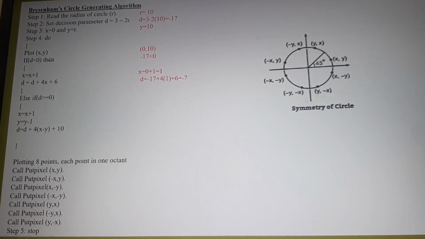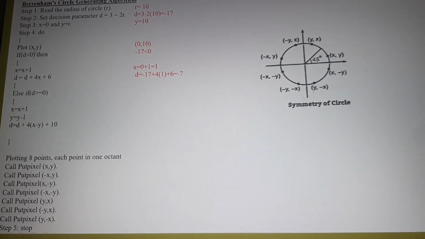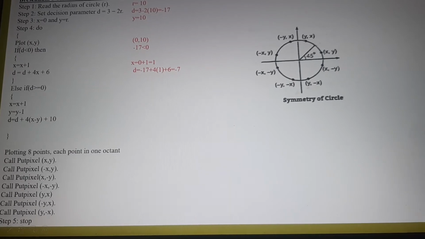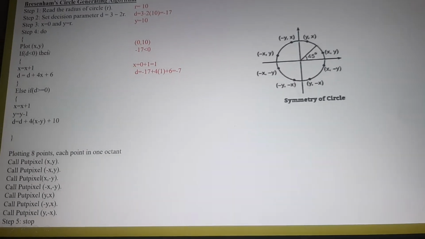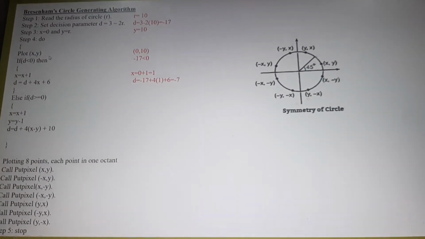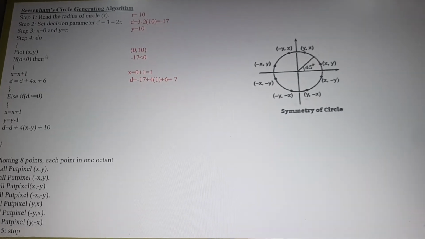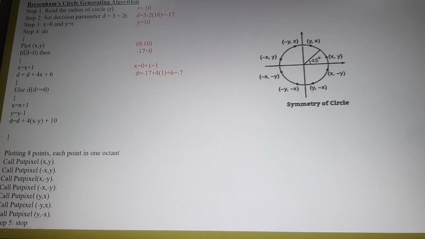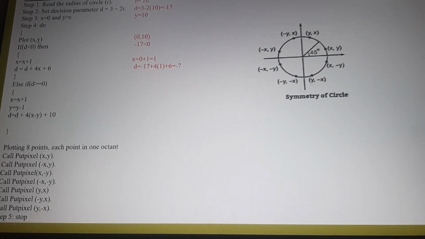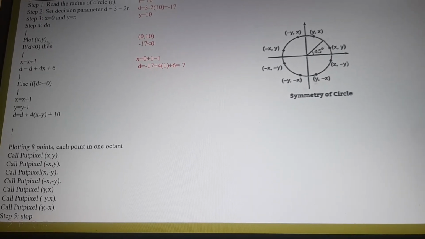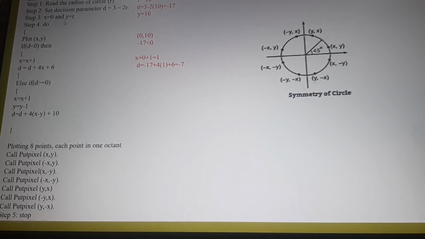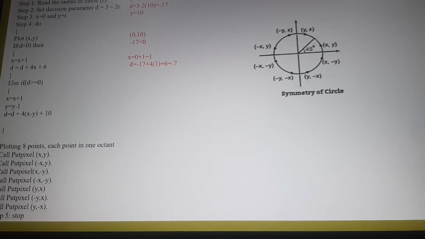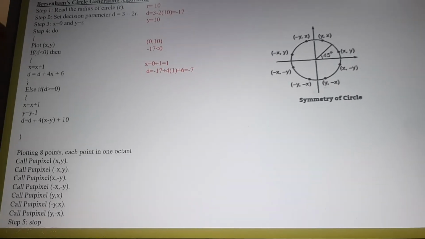Our step 4 is we have to perform this operation: plot x comma y first. While printing the first point, this plot x comma y means in your program you will use putpixel, which will print a particular pixel. While printing x comma y at the initial stage, the value of x will be 0 and the value of y will be r, whatever the value entered by the user.